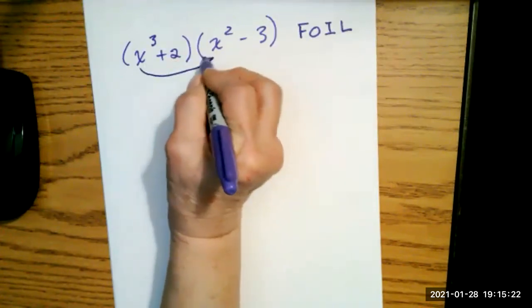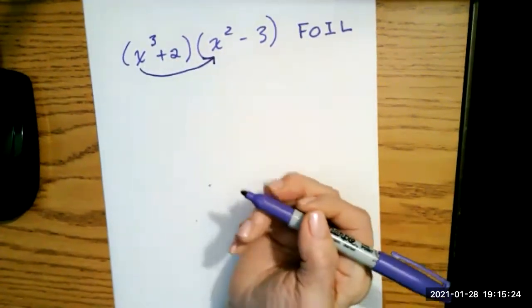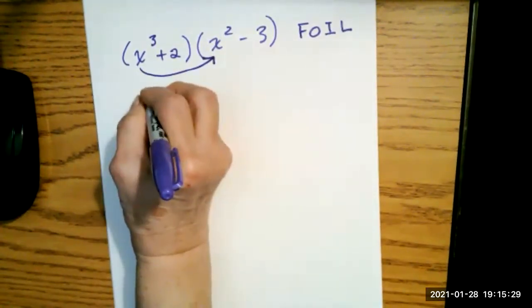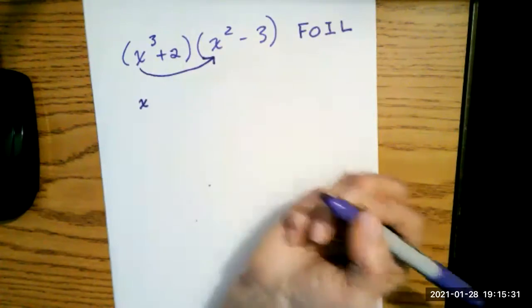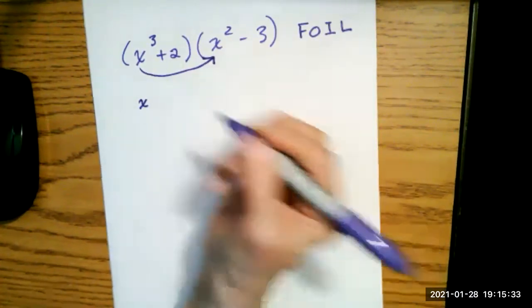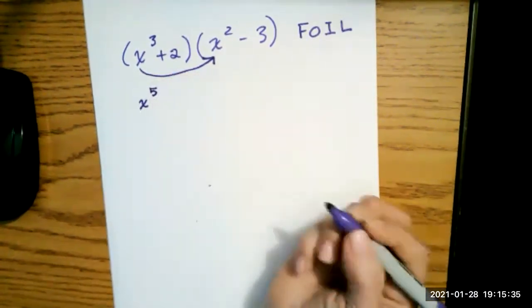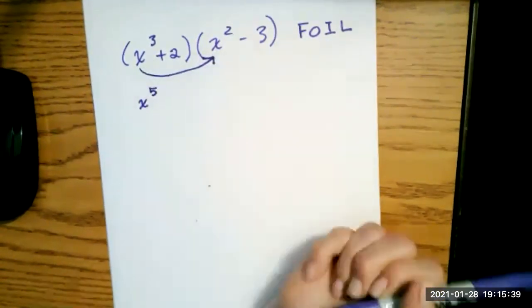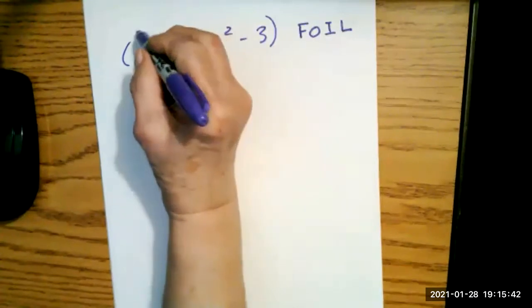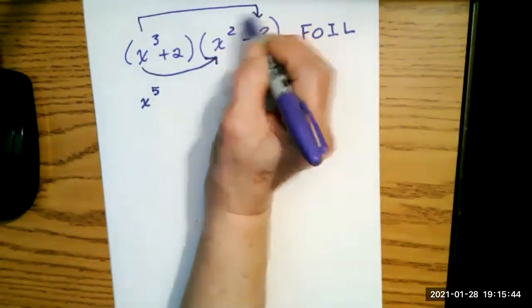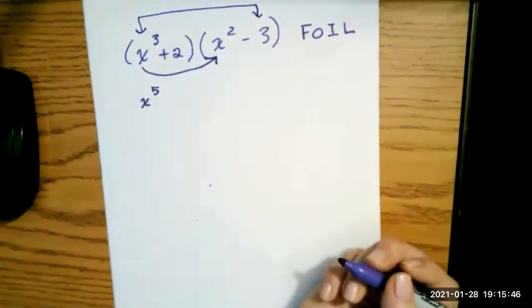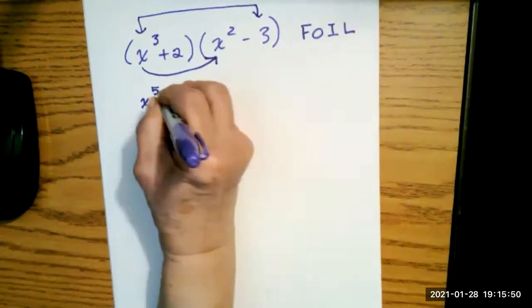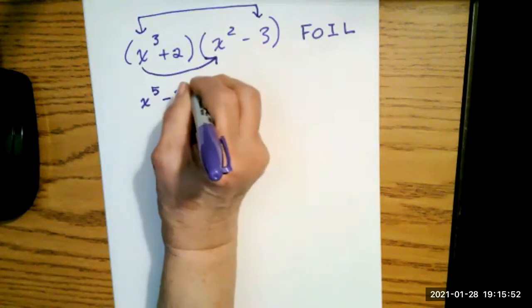But you take the first ones and you multiply x cubed times x squared, and that's going to give you x to the fifth. Add your exponents. That's the first term here, first term here. Now you do the outer terms. We have x cubed times -3. That gives you -3x cubed.